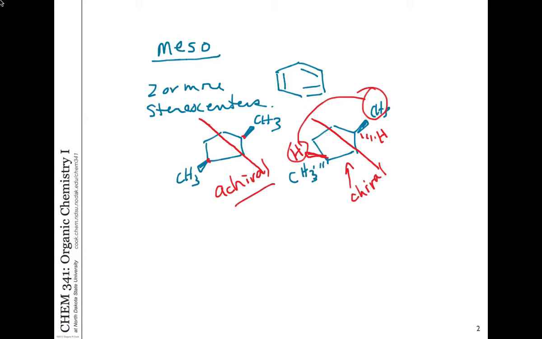They are carbons with 4 different groups attached. But because of that symmetry, it is meso. Meso compounds are achiral. In order to be chiral, the mirror image has to be different. It has to have the ability to have an enantiomeric isomer.